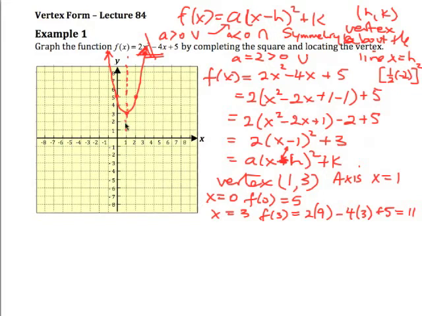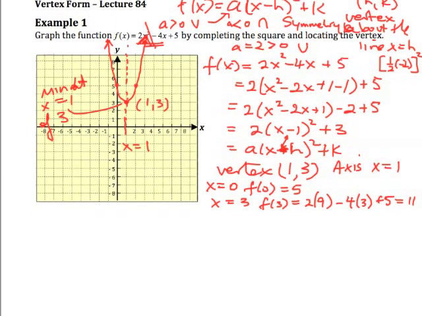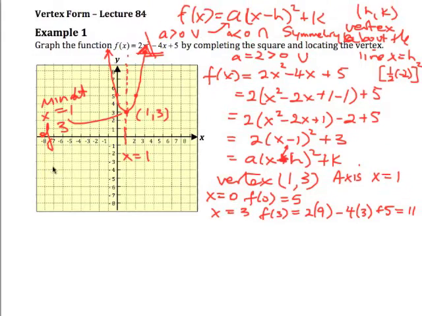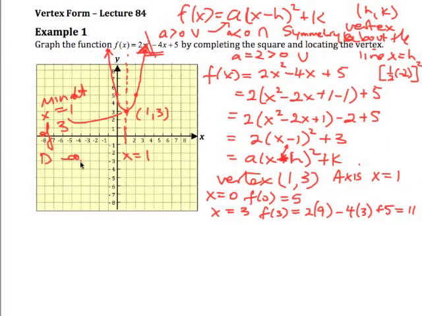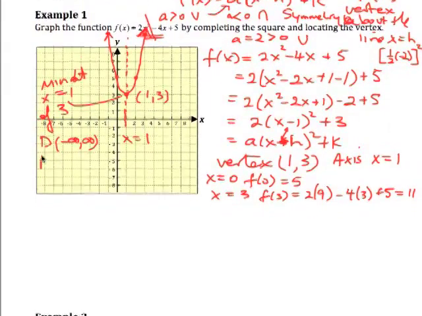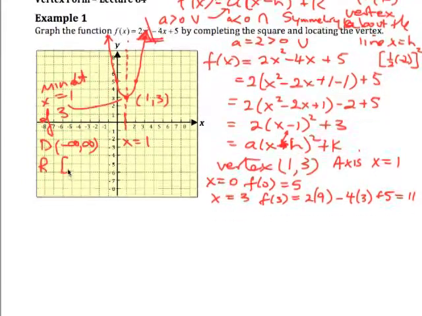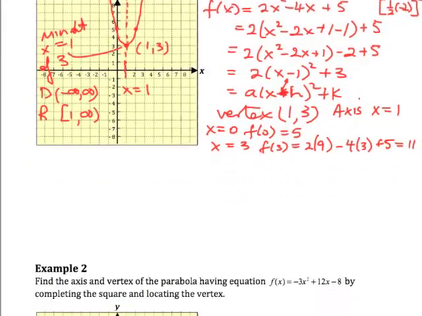Notice that the axis here is x equals 1. The vertex here is going to be (1, 3). Notice that we have a minimum at x equals 1 of 3. The domain, of course, is negative infinity to infinity, and the range is going to be from 3 to infinity.